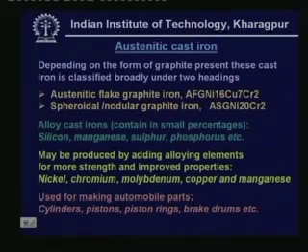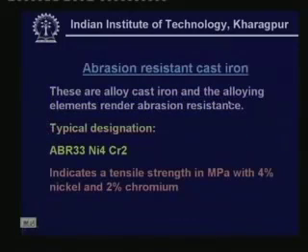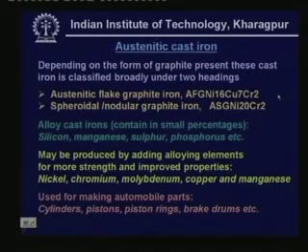Then Ni is nickel, Cu is copper, and Cr is chromium. The other elements contained in this type of cast iron are given in the form of nickel, copper and chromium. In a similar manner, for spheroidal nodular graphite iron, ASG is austenitic spheroidal graphite with nickel 20 and chromium 2.